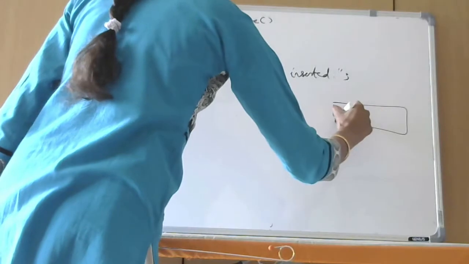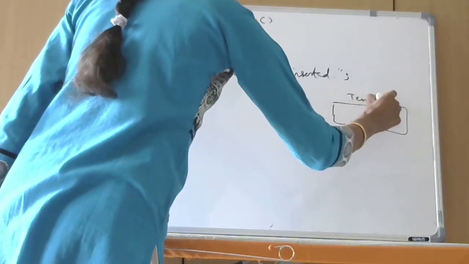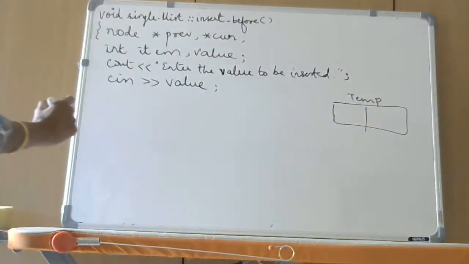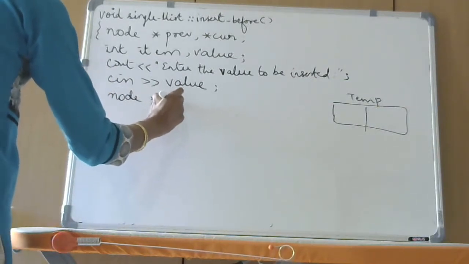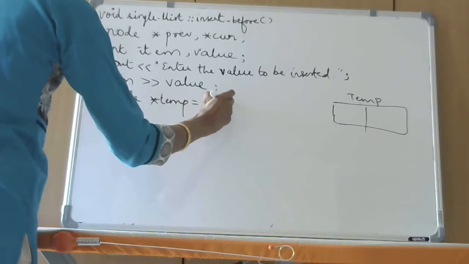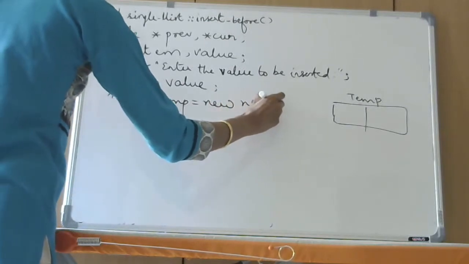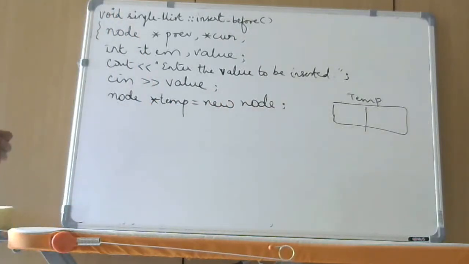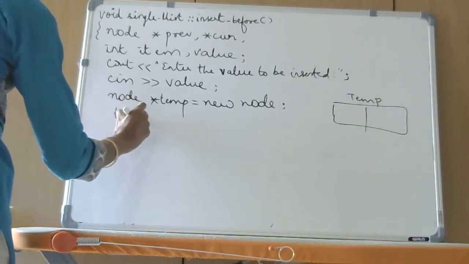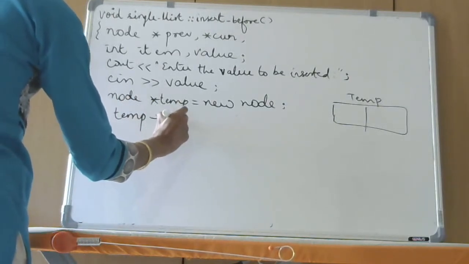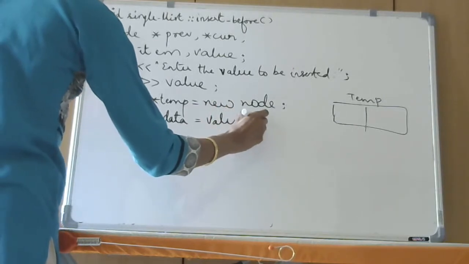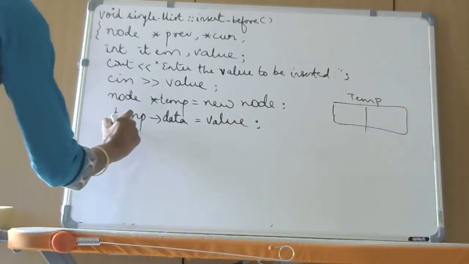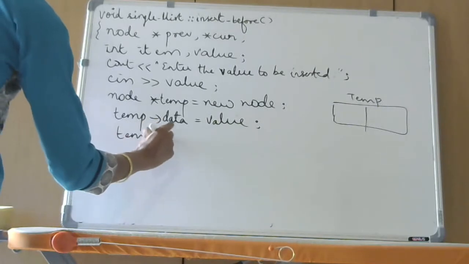We all know we are going to call our new node temp, as always. Node temp is my node. I will allocate memory for that new node. Then temp of data will be the value that I have accepted. Then temp of next is going to be null.